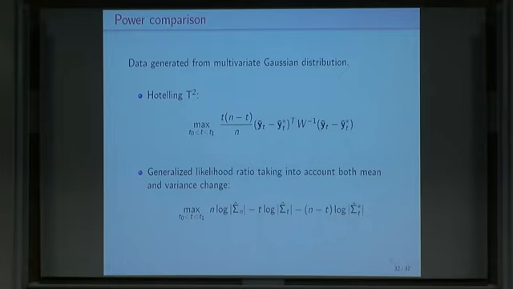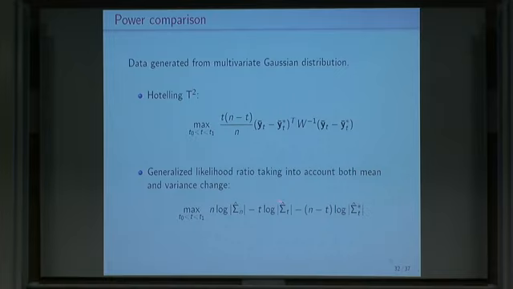And if we do have a sequence of multivariate Gaussian distributions, then the first methods we will consider are those based on the normal theory. There are two methods based on the normal theory. One is based on the Hotelling T-square statistic. This is the Hotelling T-square statistic at time t, and then we maximize over this statistic to find the change point.